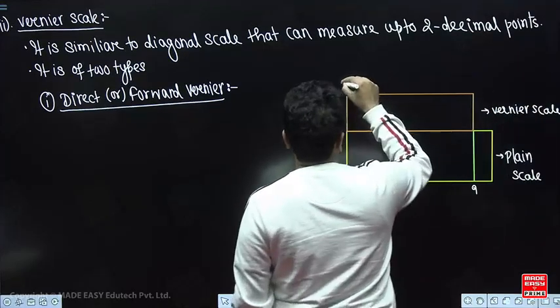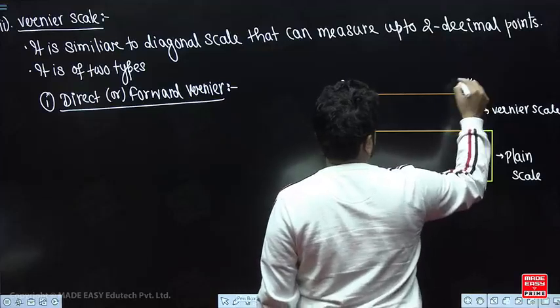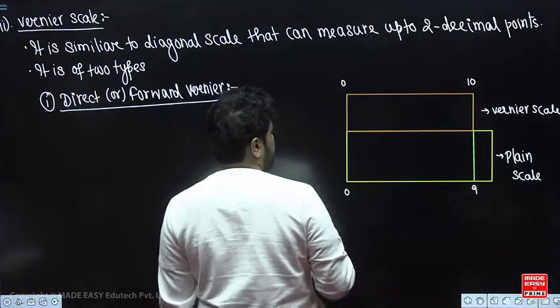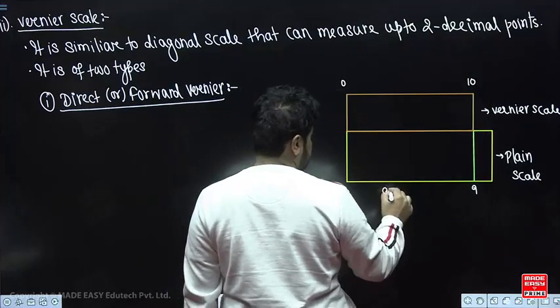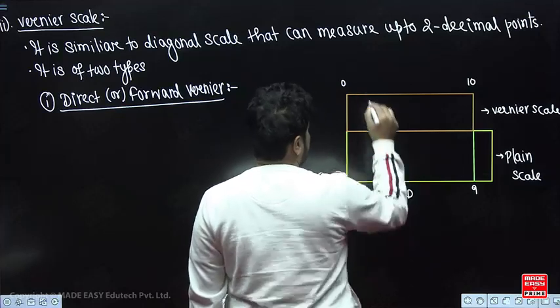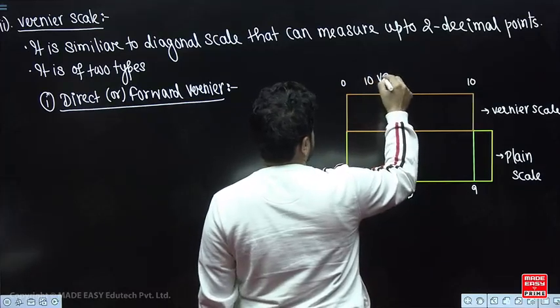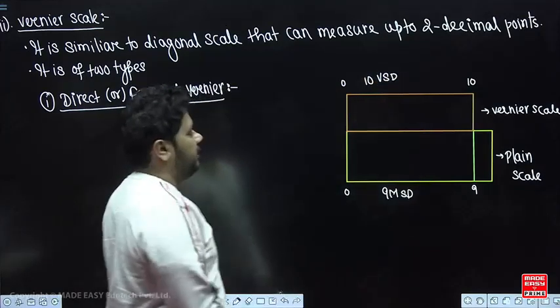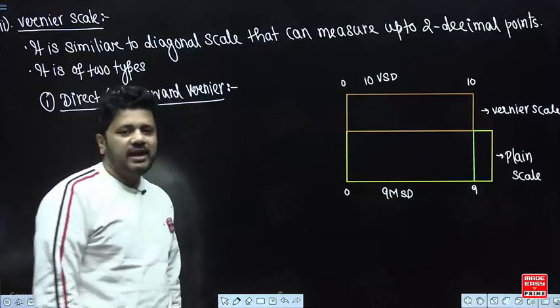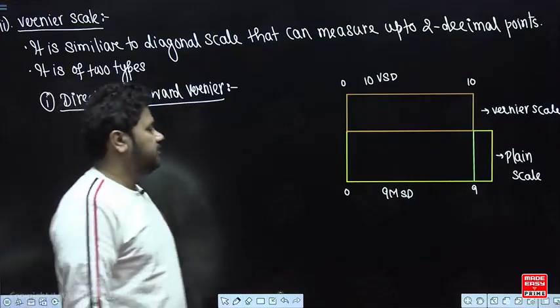Correct. So here 0 and 10. That means this is your 9 main scale divisions and this is your 10 vernier scale divisions. So 10 vernier scale divisions coincide with 9 main scale divisions of the main scale.